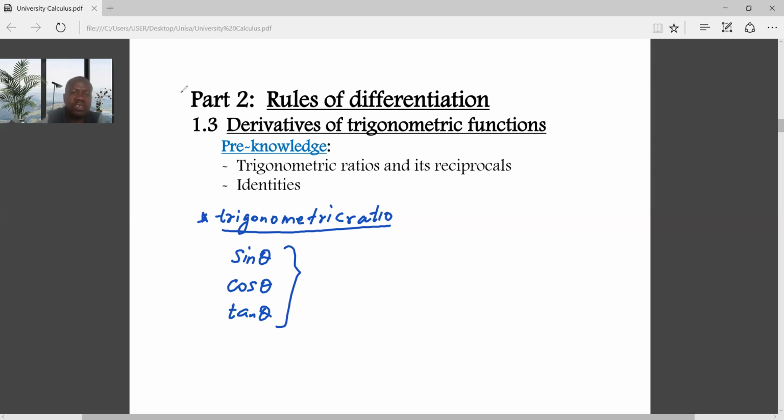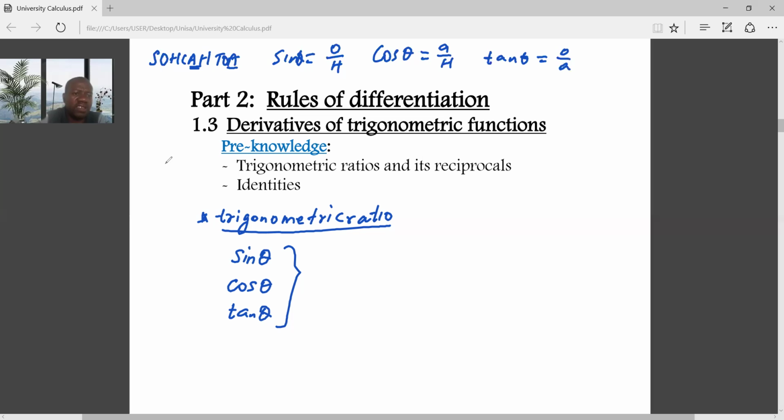And we know from these that these are called SOHCAHTOA, but it's not necessary for now to use this because we know sine is opposite over hypotenuse, then the cos of an angle is adjacent over hypotenuse, and the tan of an angle is opposite over adjacent.